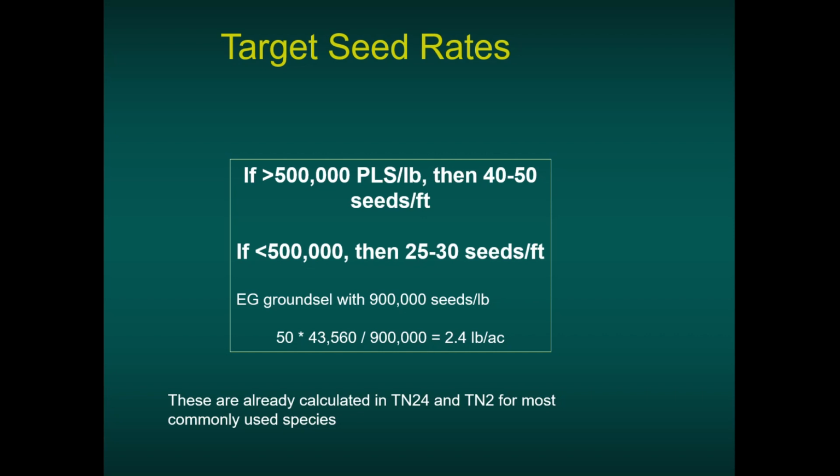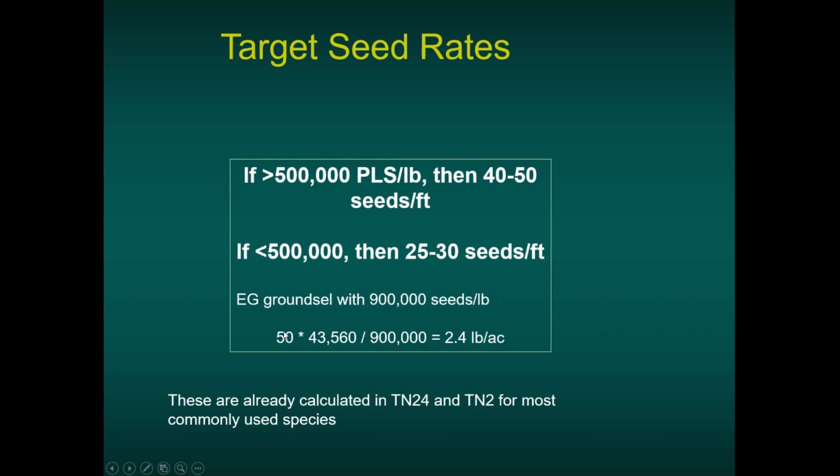If it's a larger seeded species with fewer than 500,000 seeds per pound, then we recommend about 25 to 30 seeds per foot. This is based on the idea that larger seed typically has better vigor and is easier to establish. The smaller seeded forbs and things like bluegrass typically have low vigor, and it just takes a little bit more seed to get adequate establishment.